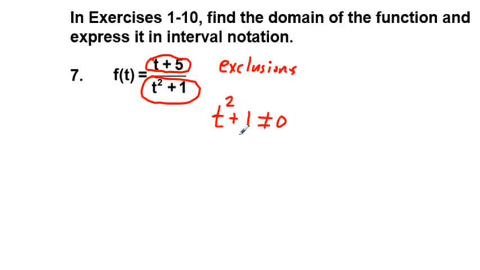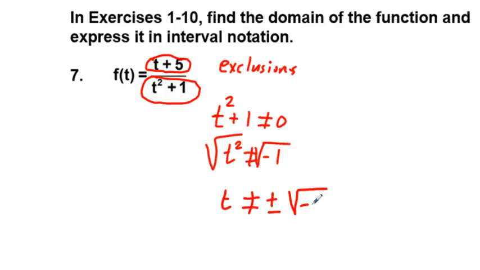So if we subtract 1, t squared cannot equal negative 1. If we take the square root of both sides, t cannot equal plus or minus the square root of negative 1. Well, the square root of negative 1 is an imaginary number, so this is not a real number solution. So there is no real number solution, and that means there is no exclusion based on the denominator or the numerator.